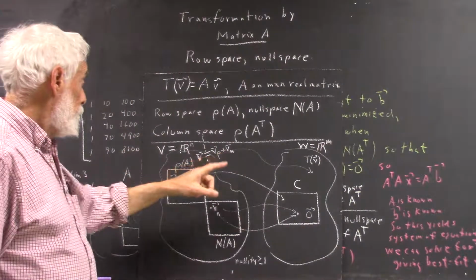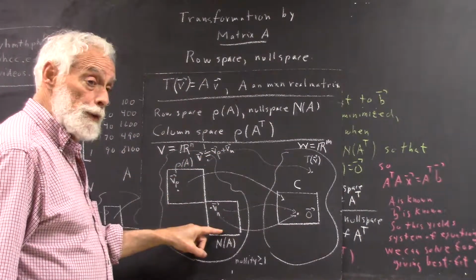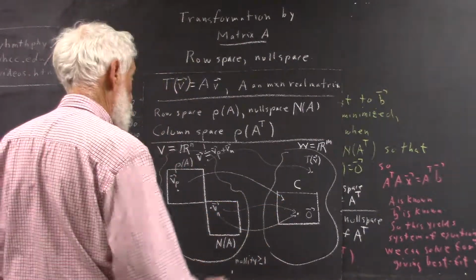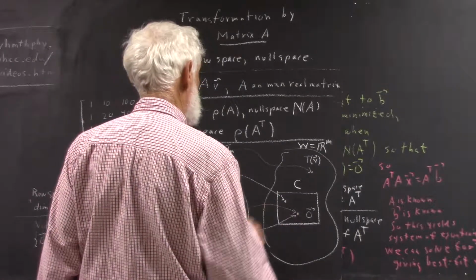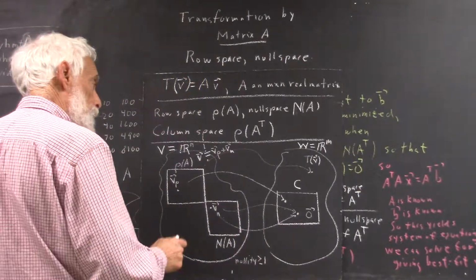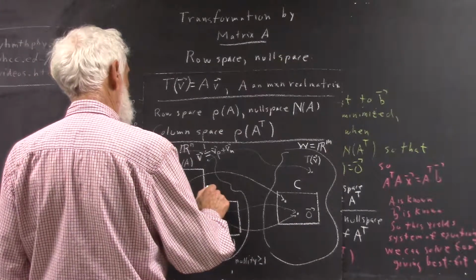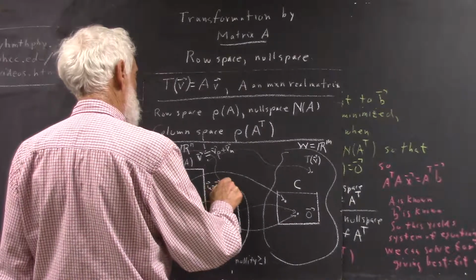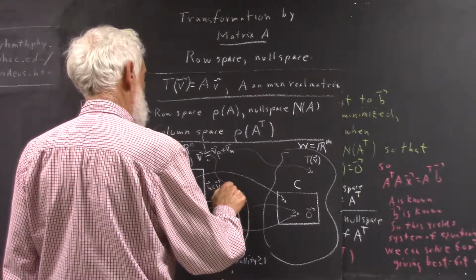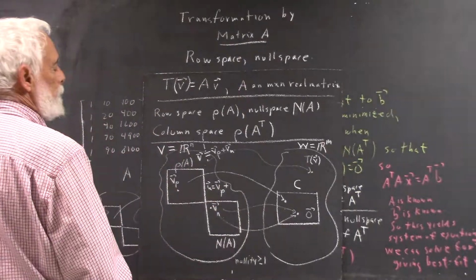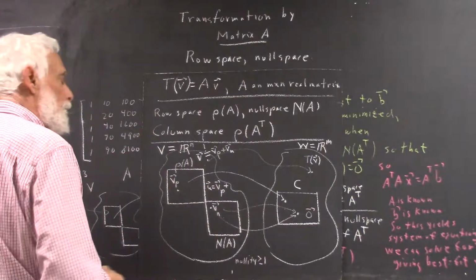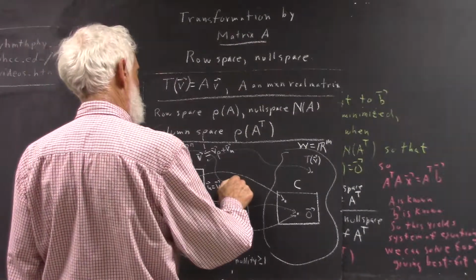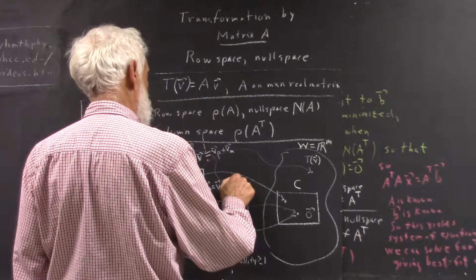But all the vectors that you get by adding members of the null space to this one map to the same vector over here. So that if I have another vector, call it U equal V row plus, now I'm running out of notation. I wanted to call this U sub n. I'm going to call this Vn prime.